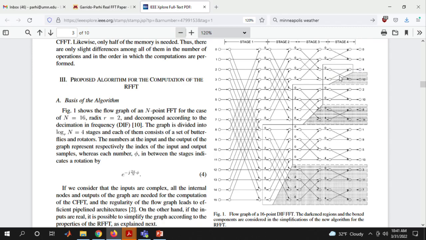So that one complex butterfly can be replaced by a half complex butterfly, which would be the equivalent of a real butterfly. Now, if you look at computing 2 and 10, that's one complex butterfly, and 6 and 14, that's another complex butterfly. So out of those two complex butterflies, I can throw out one. So that dashed line could be thrown out. Similarly, 1, 9, 5 and 13 are computed by two complex butterflies, but I can throw out the two complex butterflies at the very bottom that are redundant in the computation.